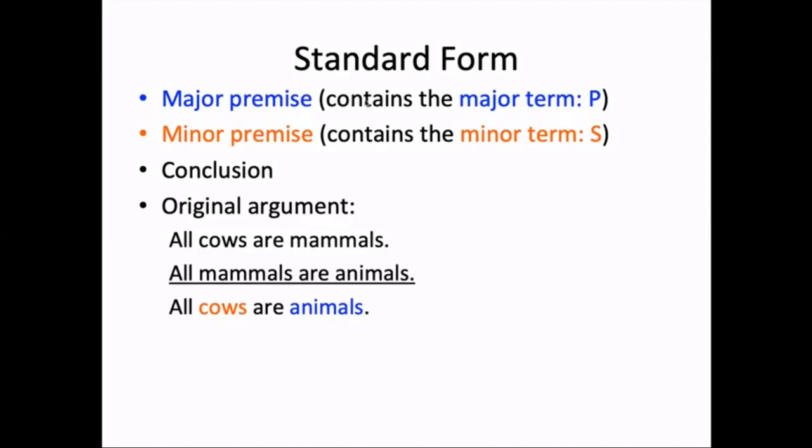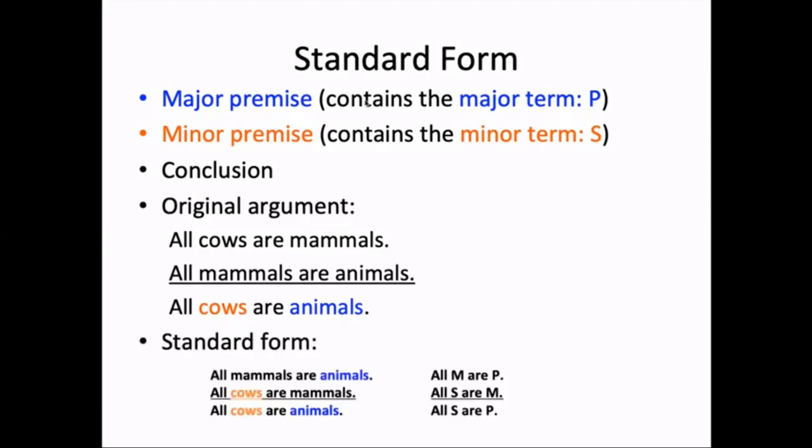And then we organize those premises accordingly so that we end up with: all mammals are animals, all cows are mammals, and all cows are animals. As you can see in the standard form version on the right side, with just the letters M, P, and S, you've got the major, minor, and middle terms articulated, and the order is standard form.